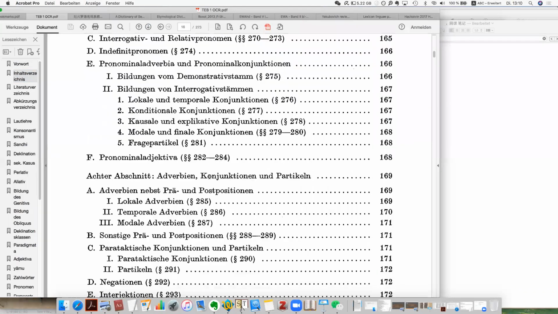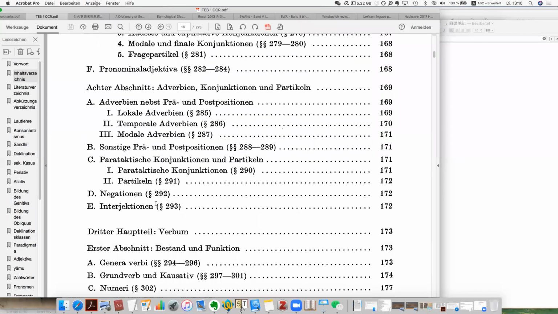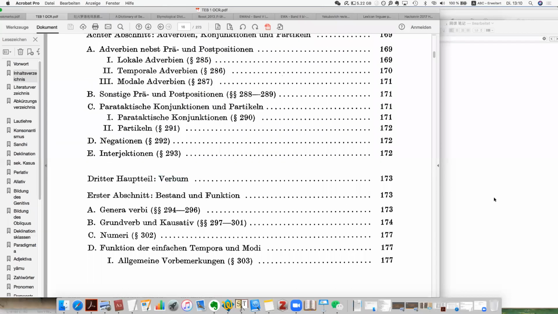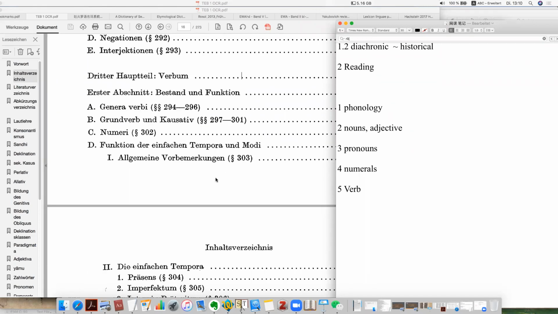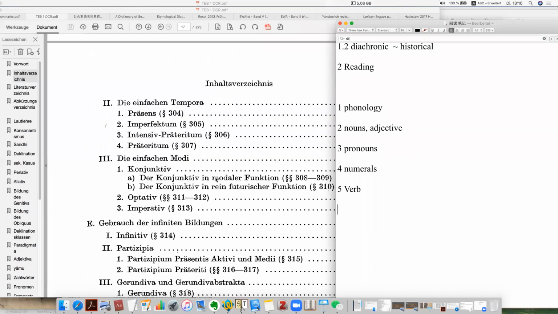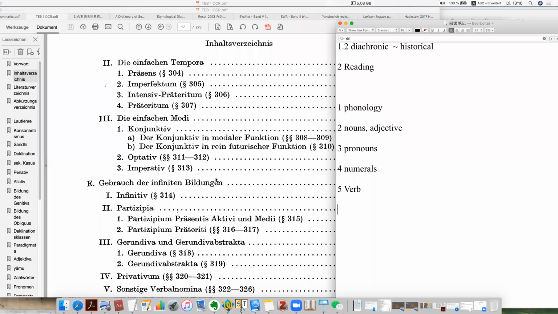And then comes the section for the verb. Inside the verbs, you have finite forms, that is, forms with changes in person and number.